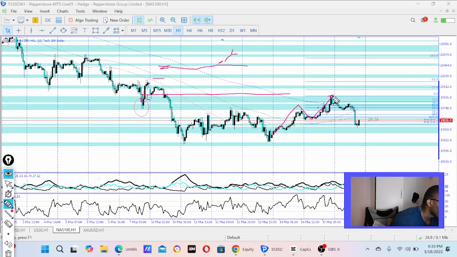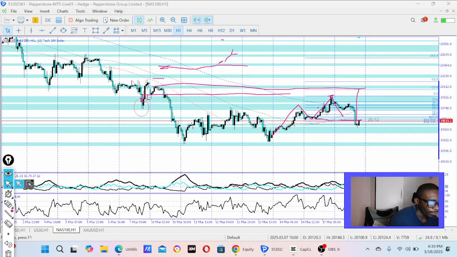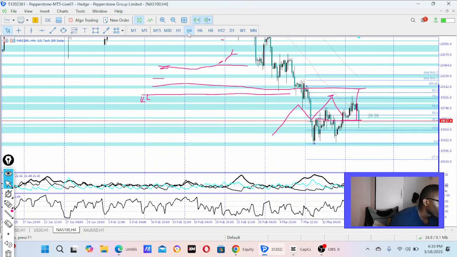When price went down, I expected to buy here because I anticipated that the market would push a little bit higher, maybe come to this area here, which I think on H4 is the 88.6 Fib level. I anticipated price would reject the level and come back here.